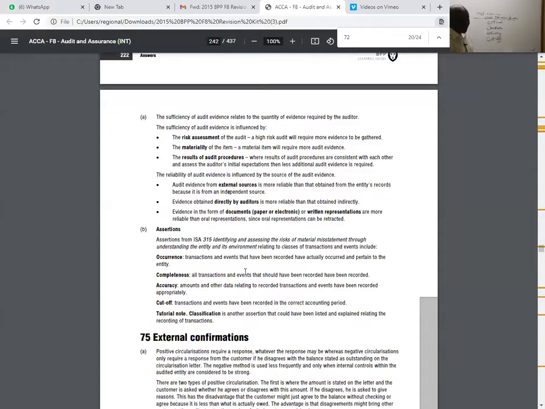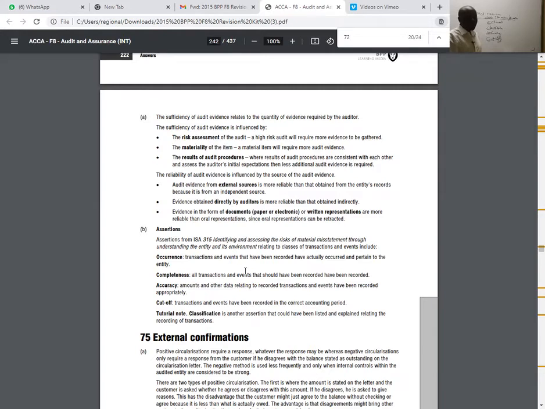So in this particular case, ladies and gentlemen, this is what we are reading here. Assertions from ISA 315, identifying and assessing the risks of material misstatement through understanding the entity and its environment, relating to classes of transactions and events, include, number one, occurrence. The transactions and events that have been recorded have actually occurred and pertain to the entity. Completeness.